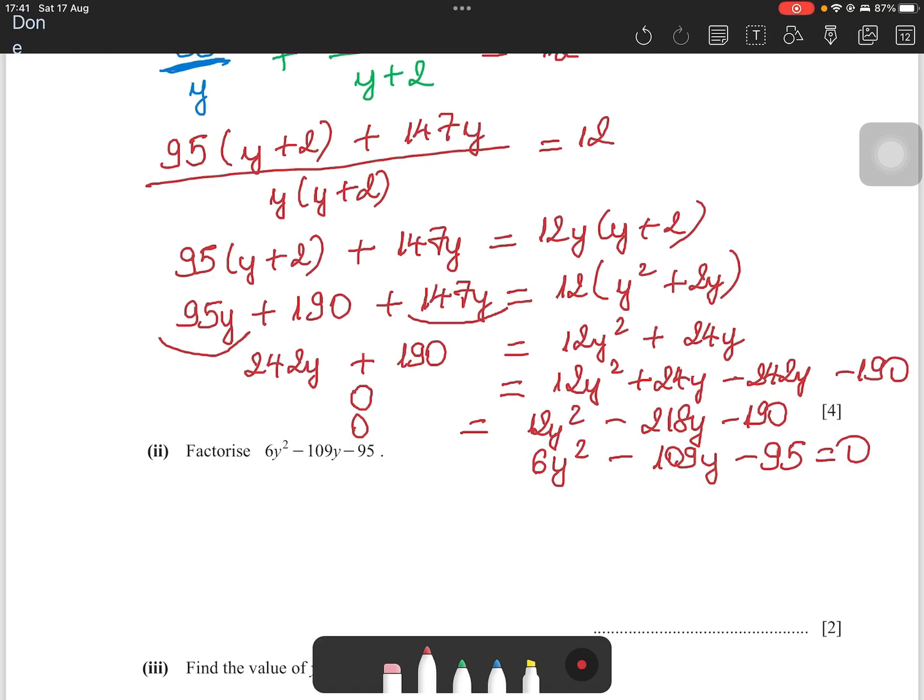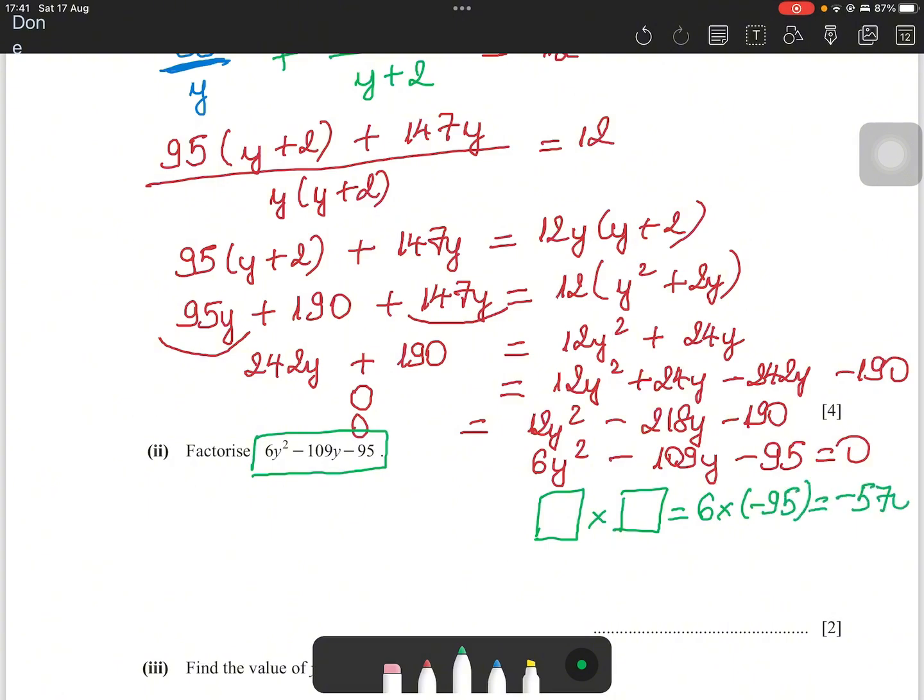Now we need to factorize 6Y squared minus 109Y minus 95. To factorize this, we need to find two numbers that multiply to be the product of the first and the last term, which is negative 570.